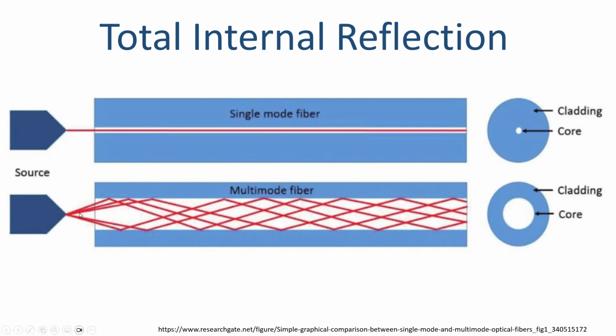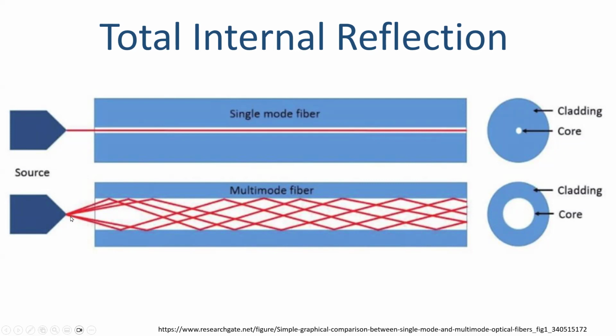Some of the modes are drawn in the multi-mode fiber, but it doesn't mean there are only 1, 2, 3 modes traveling. There's an infinite number of modes. But for the purpose of simplicity and being able to explain things, we just draw a few of them to get the concept.